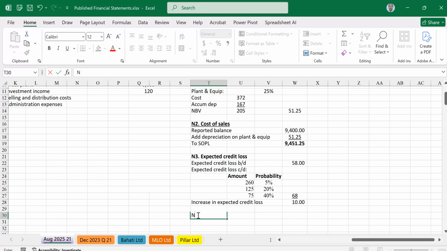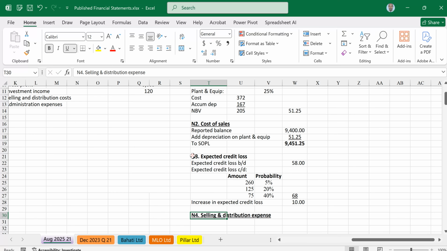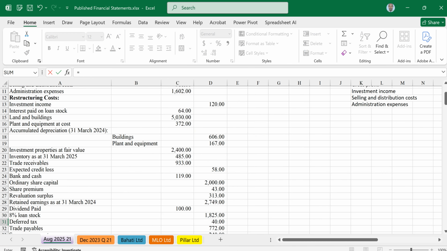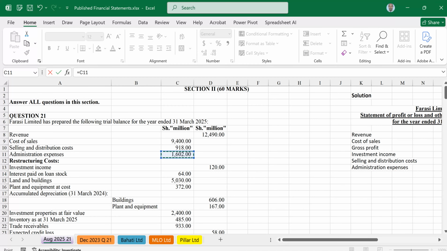Not 4, selling. Not 4 should be selling and distribution expense. Reported balance. Now the reported balance is for selling and distribution 918.